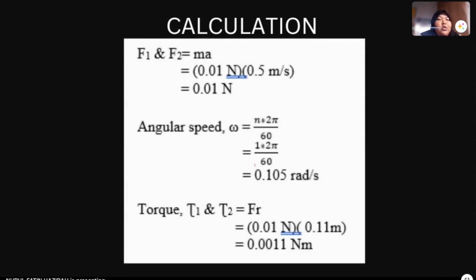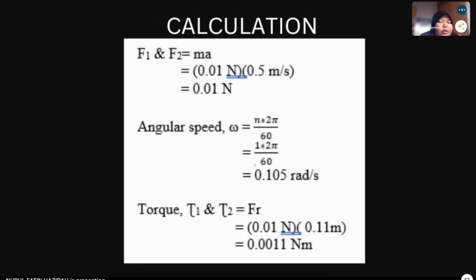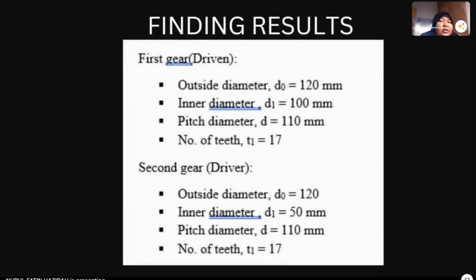That is the force. Before that, I missed the ratio. The ratio is the same because both of the gears are designed with the same diameter and the same number of teeth.